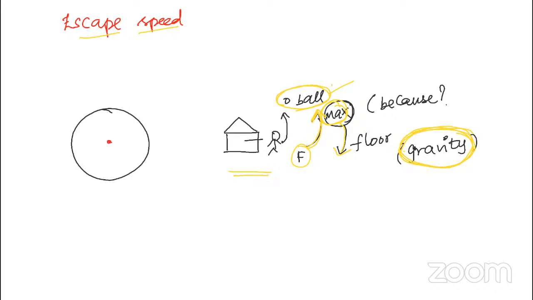So here this is our planet Earth. Now imagine this is our rocket. If you send the rocket through space, it will reach the maximum level, and after that, what is the position of the rocket?